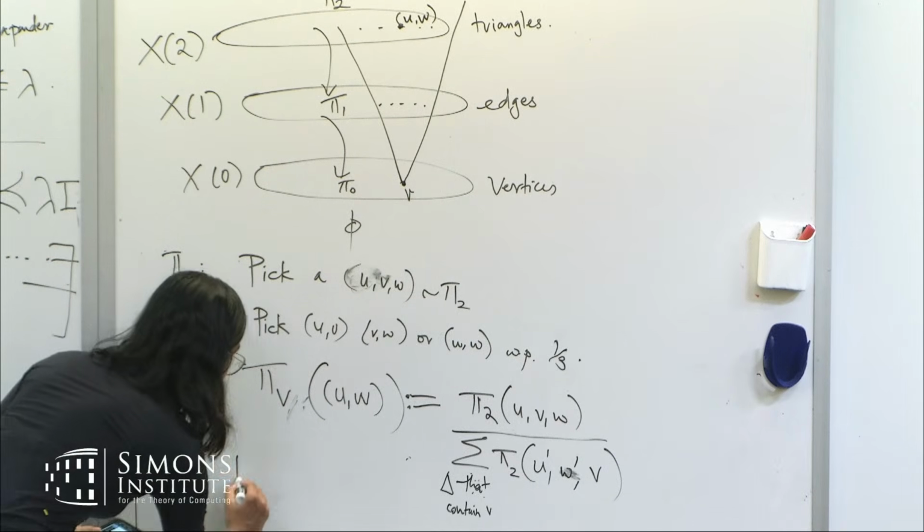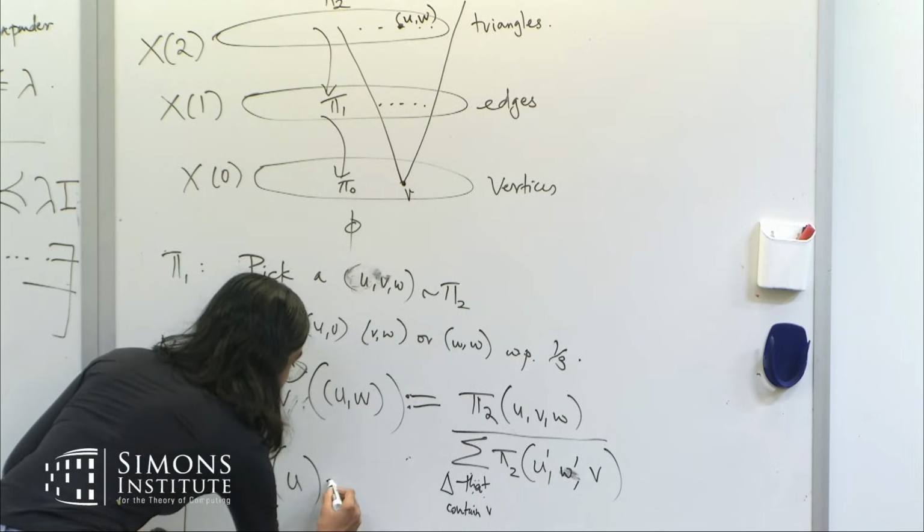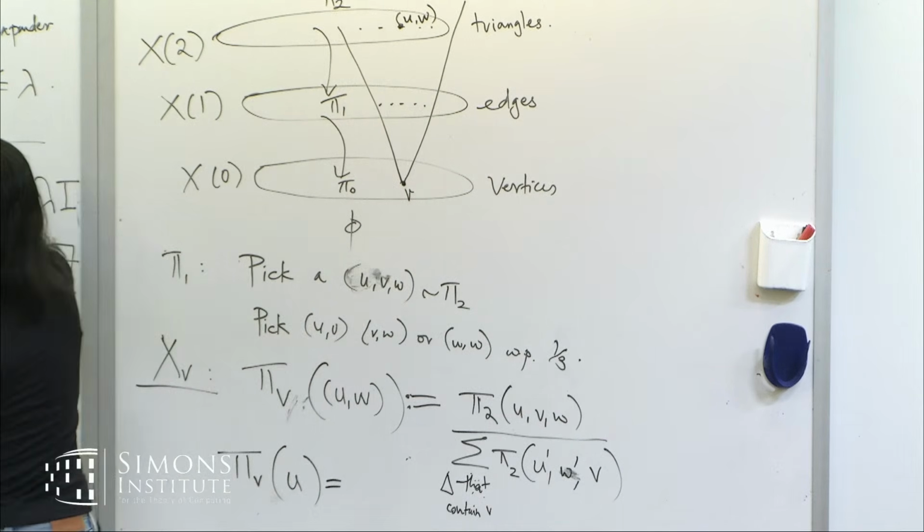And similarly, you can write down the distribution over vertices in the link, which is going to be exactly the same thing.